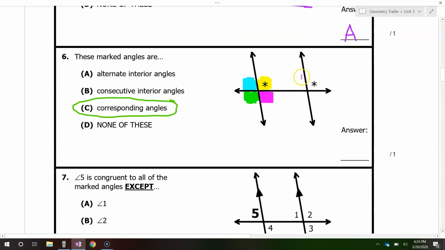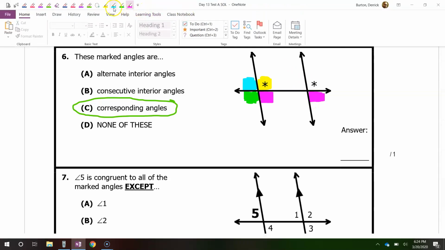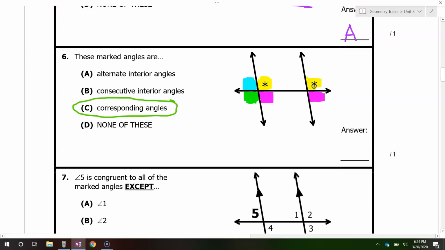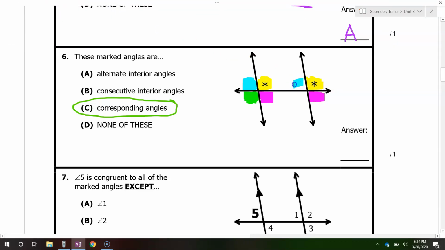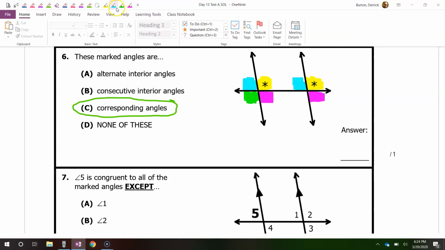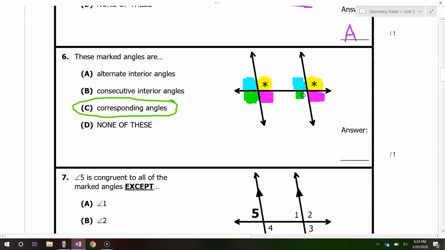Okay, so I could do the same pattern on this group of 4. And this is the lower right hand corner. And this is the upper right hand corner. And here's the upper left hand corner. And this is the lower left hand corner.